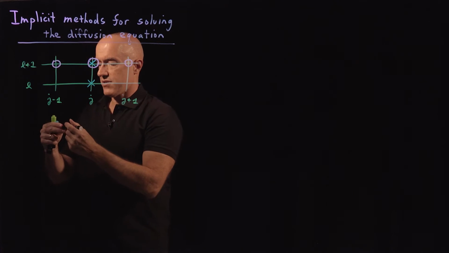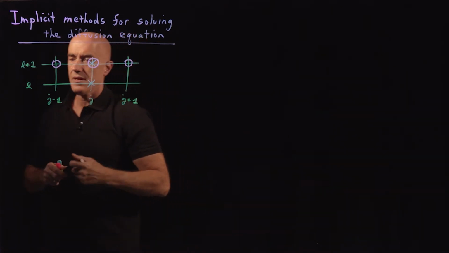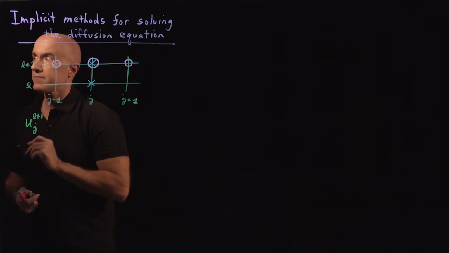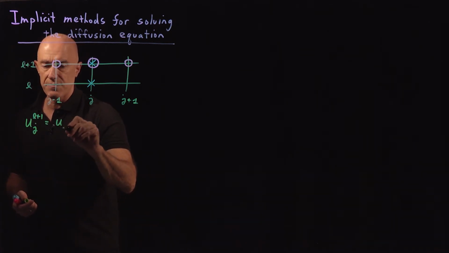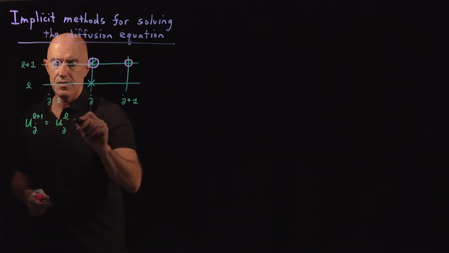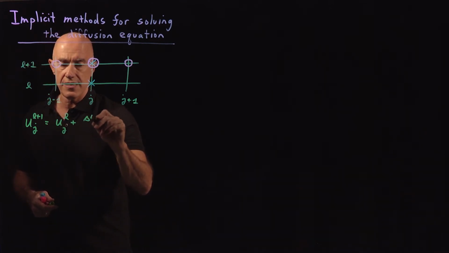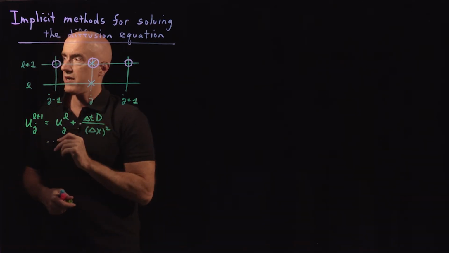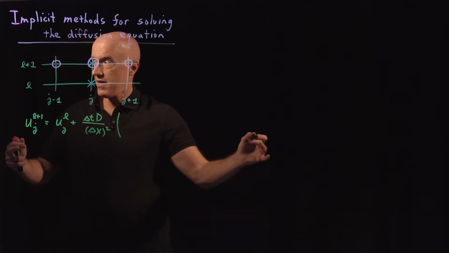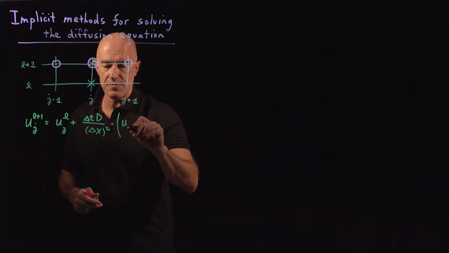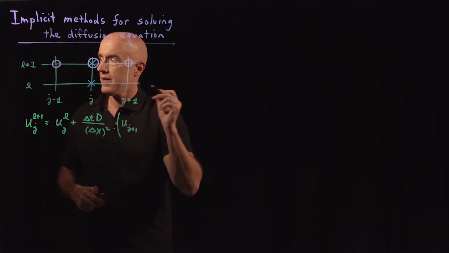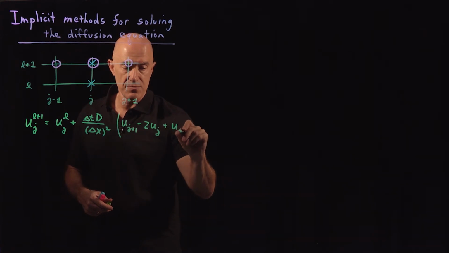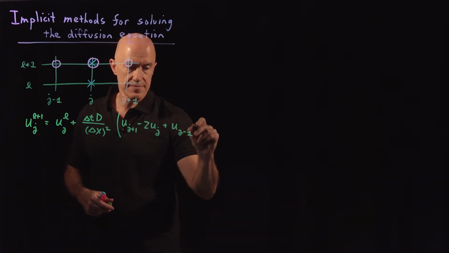If you do that and you write down the scheme, what you'll get is u sub j at L plus 1 is equal to u sub j at time step L plus delta t D divided by delta x squared times the second derivative, which would be u sub j plus 1 minus 2 u sub j plus u sub j minus 1.